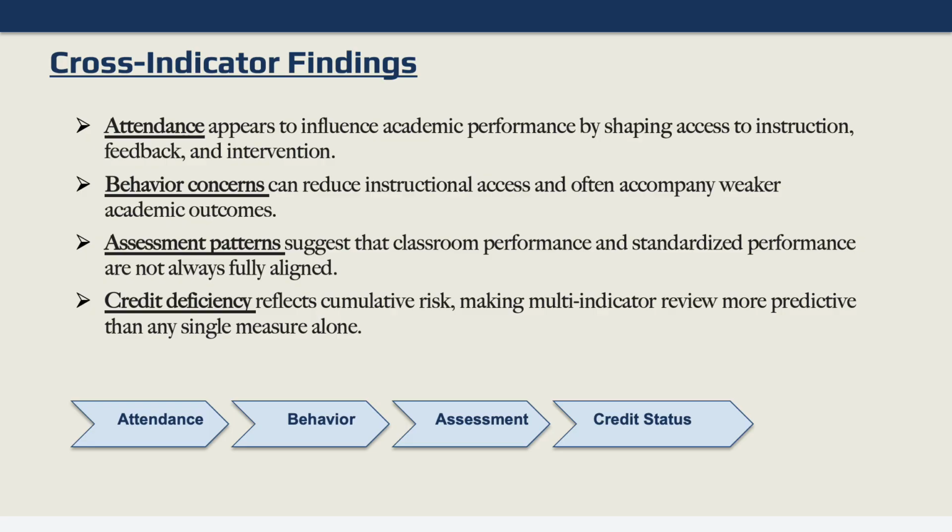We look at the assessment patterns. Are class performances and standardized performances fully aligned? Then when we look at credit deficiency, we want to know whether or not it reflects cumulative risk, whether or not it's making multi-indicator review more predictive than just a single measurement alone.